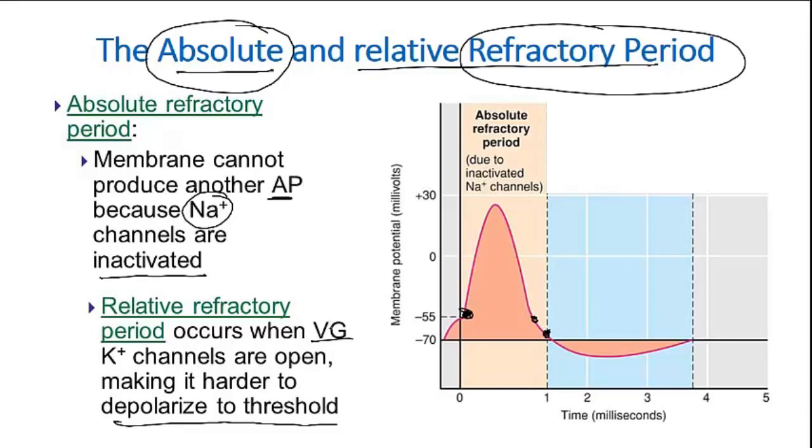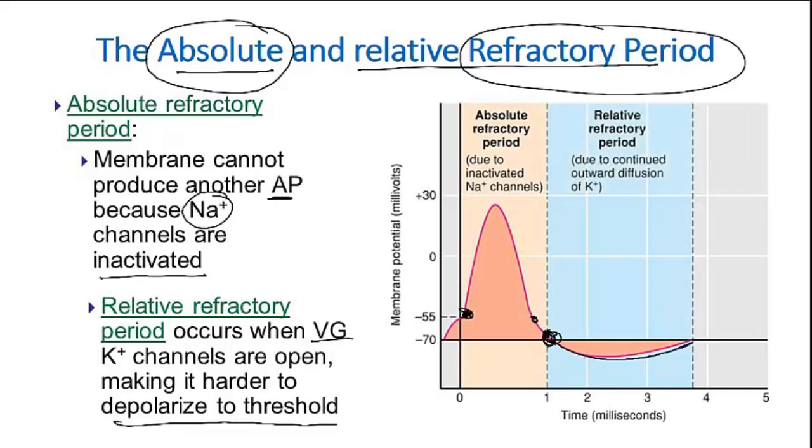The cell can generate an action potential, but only if it is depolarized to a value more positive than the normal threshold. The normal threshold, the value we are seeing here, is much lower. So this part, from this point to this point, is the time of the relative refractory period.